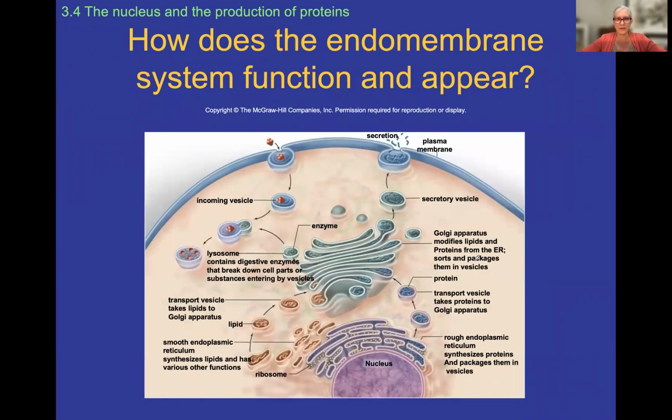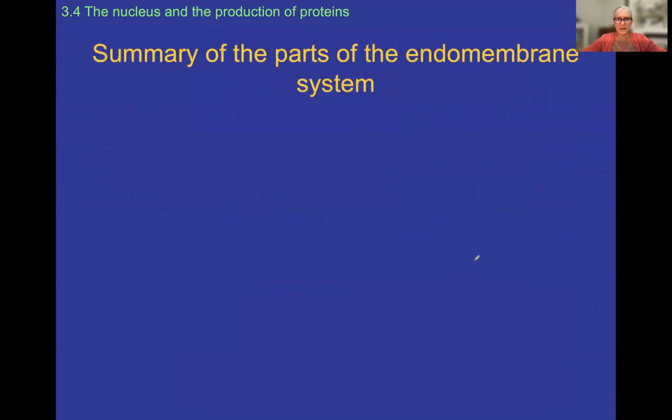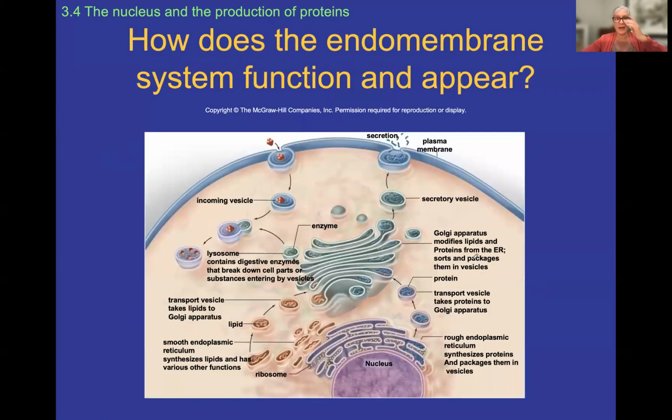All right, and really the main thing is to understand the visual of what happens when a protein is made. We got some directions that came from the nucleus, from the DNA. We know that those directions go out to where the ribosomes are located. They're able to crank out protein production.